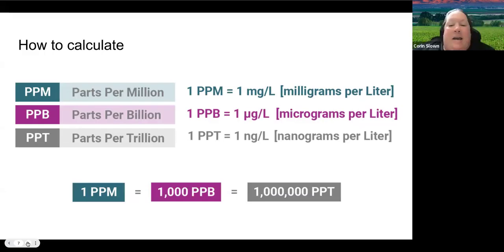A good exercise for you to practice that we're going to see on our next pattern of inquiry is being able to look at, say, for example, contaminants and the amount of part per million, part per billion, part per trillion, and interconvert between those. So hopefully you feel comfortable with that.